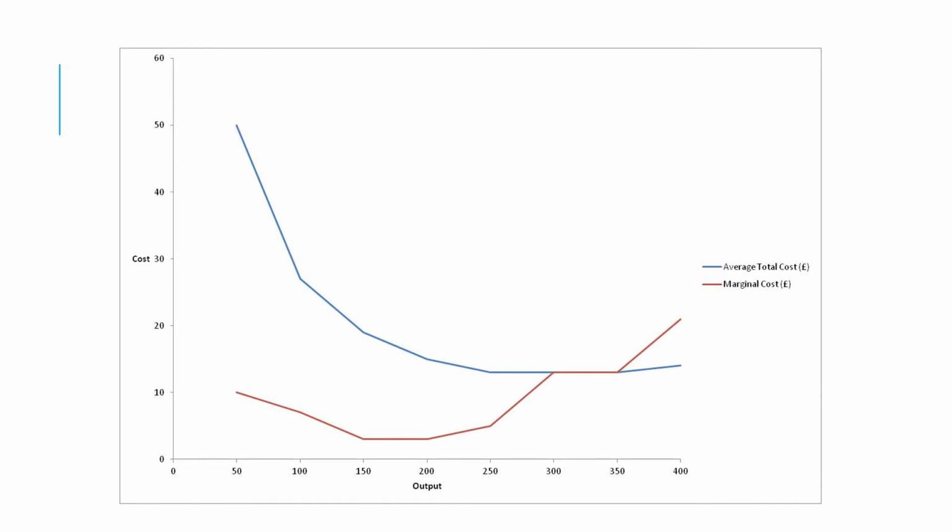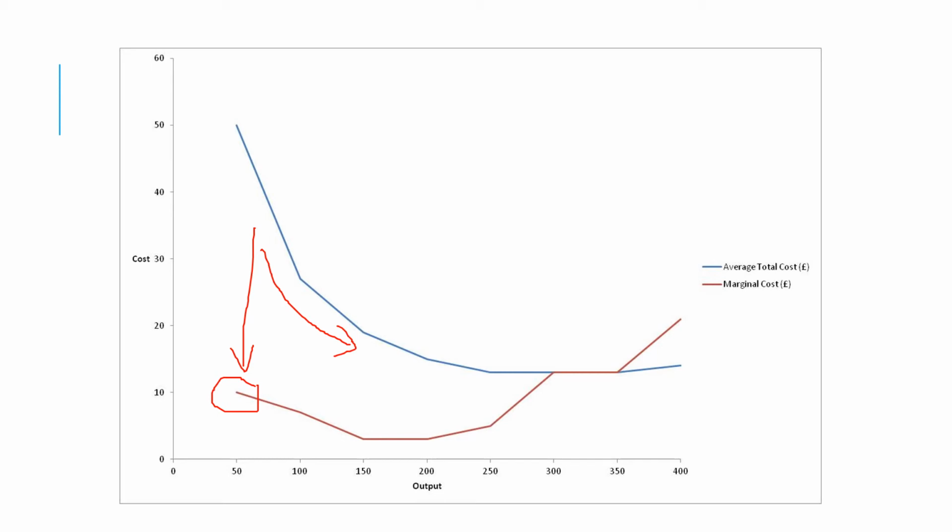This works quite nicely in a graph to illustrate this. The blue line here is the average cost, and early on we can see the average cost starting to fall. And then the red line here shows us the marginal cost. And what we can see is that as long as the marginal cost stays below the average cost, the average cost continues to fall.